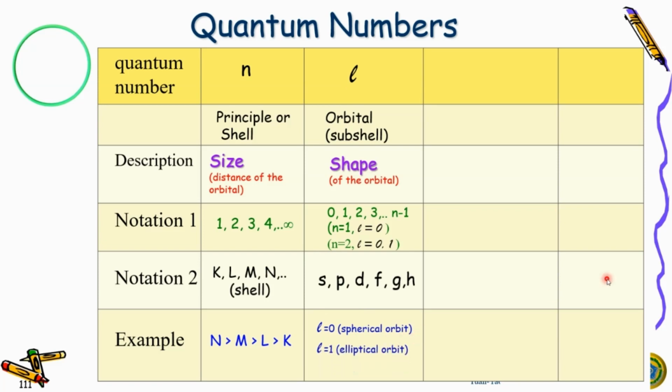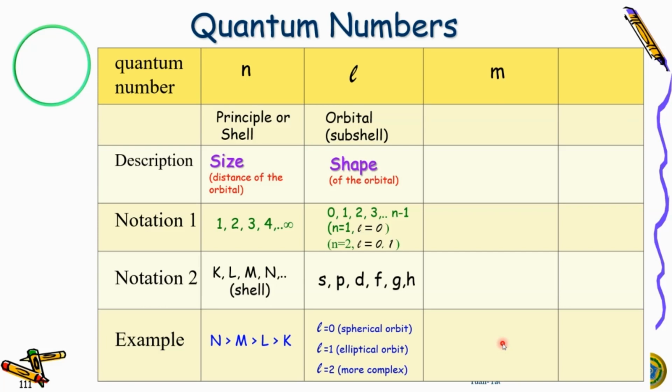If L equals 1, that's an elliptical orbit. If L equals 2, it will be more complex. By calculation, you will know the shape. I will show you a website related to the shape of the orbitals.